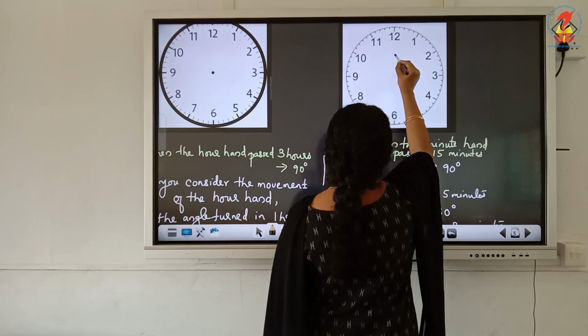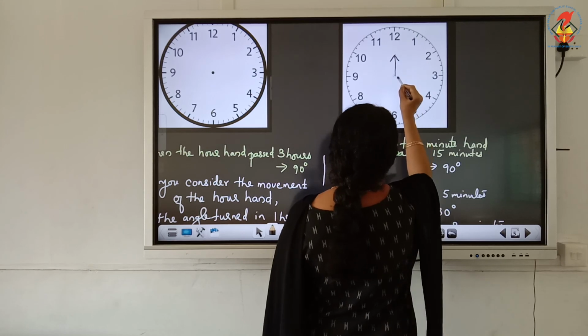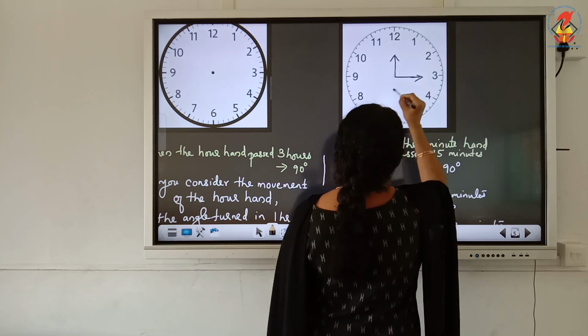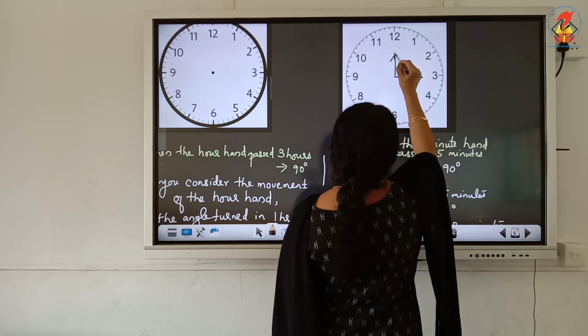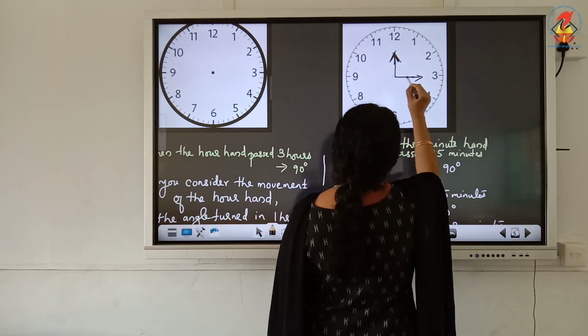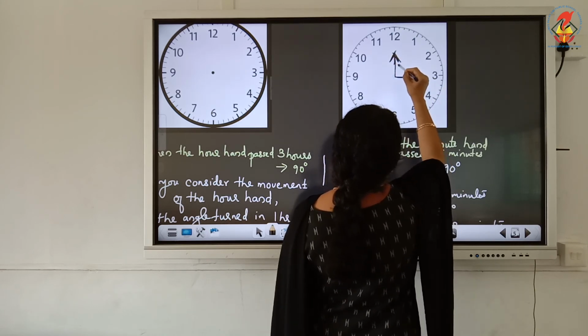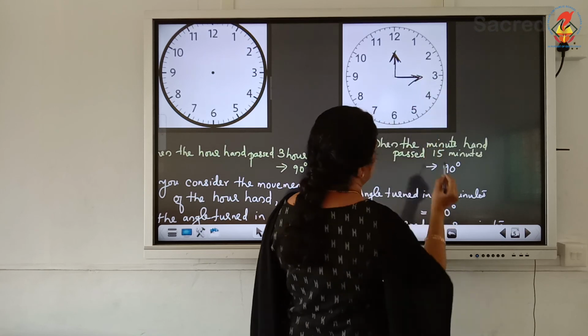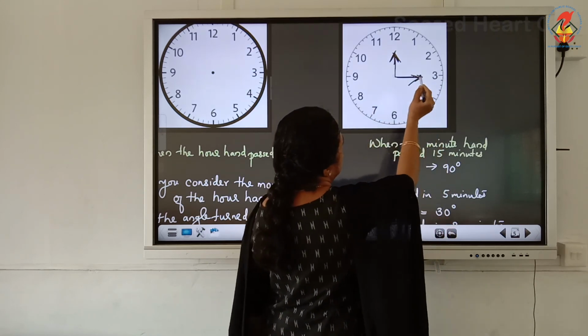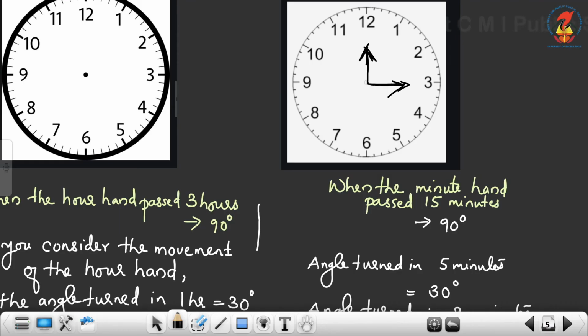Suppose the minute hand starts at 12 and reaches at 3. How many minutes did it pass? 15 minutes. So in 5 minutes the angle turned is 30 degree. Therefore, in 15 minutes the angle turned will be 90 degree.